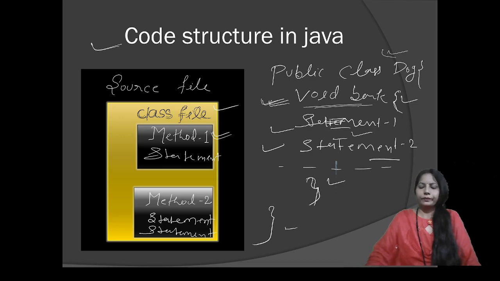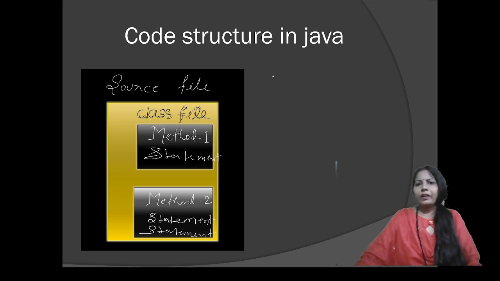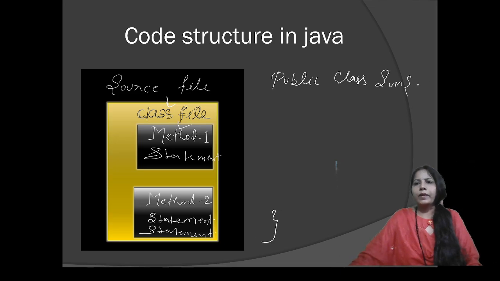Simple. So here what we learn is that a source file holds a class, like public class sum, and the class holds methods. So the method must be within the class, like void sum.